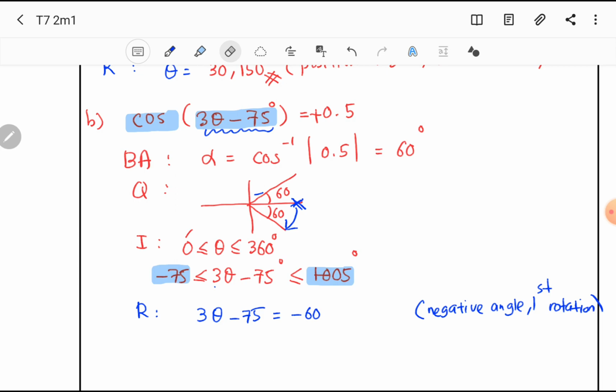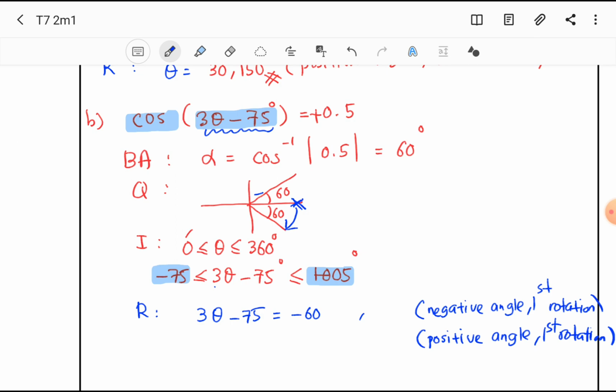Nah. Okey, next kita dah settle for the negative angle. Okay, next we need to consider the positive angle, the first rotation. Okay, so apa maksud positive angle? So we go up.